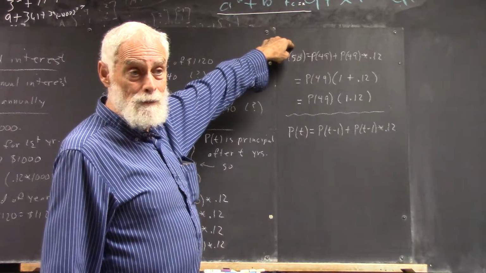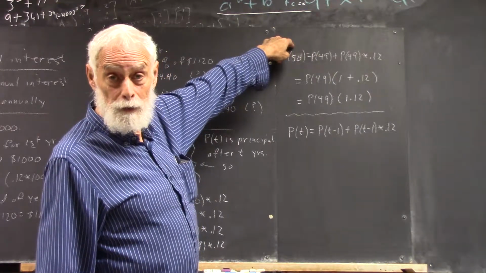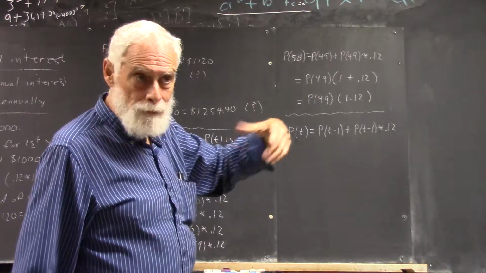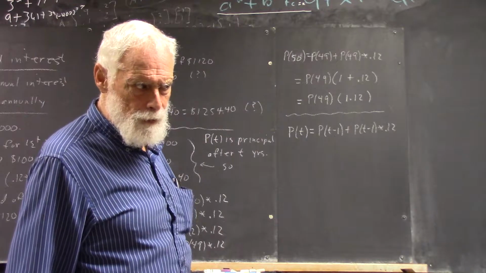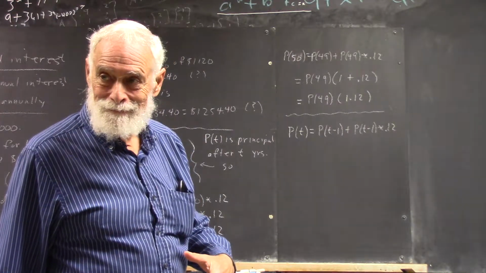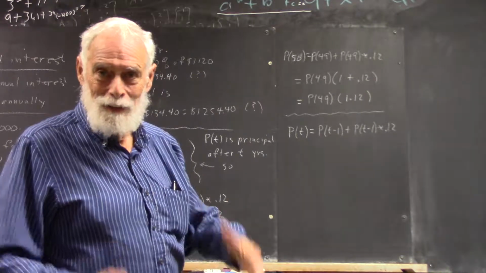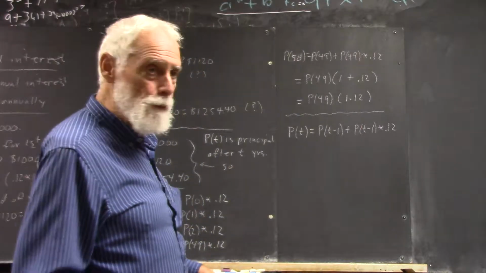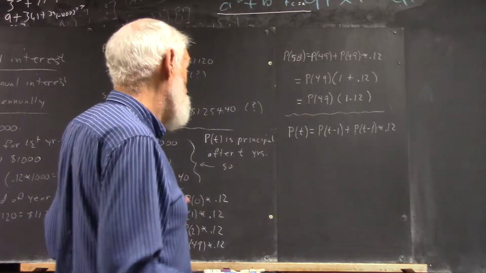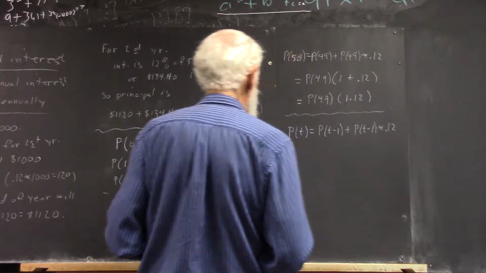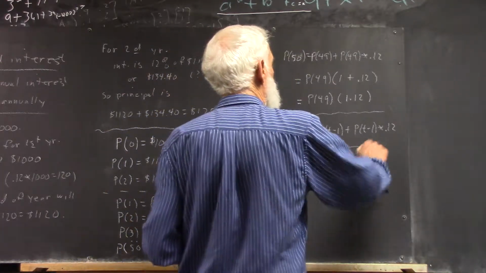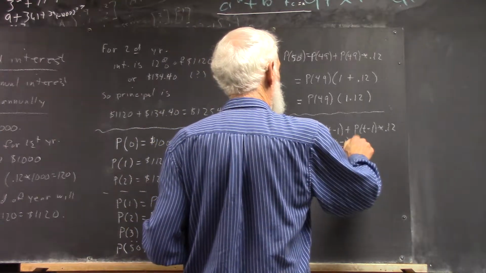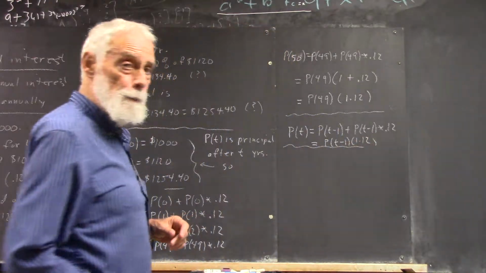Now you understand at least one of the reasons why you really need to understand function notation, because trying to do this without function notation would be more confusing than just learning function notation and using it. There's no really good way to write it down without function notation, or the equivalent. So that's kind of important. And of course this equals P of t minus 1 times 1.12.